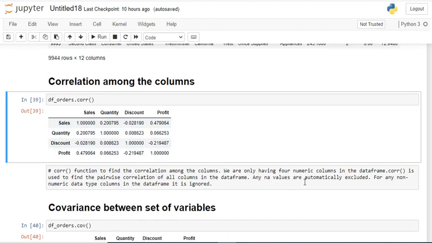Null values are automatically excluded. Whatever null values there are in the data set would also be excluded, though already we have removed all the null values and duplicate values. Any non-numeric data type columns in the data frame are also ignored.